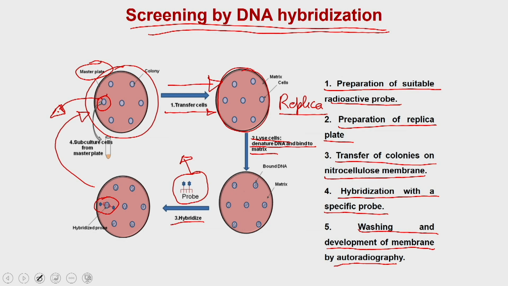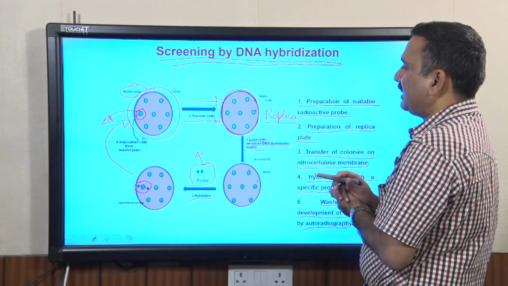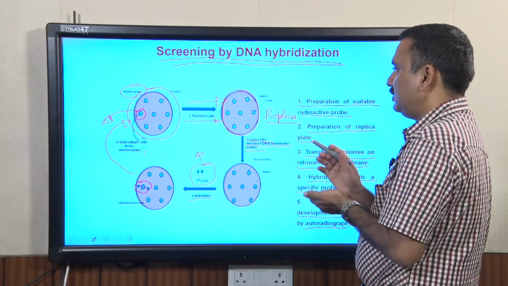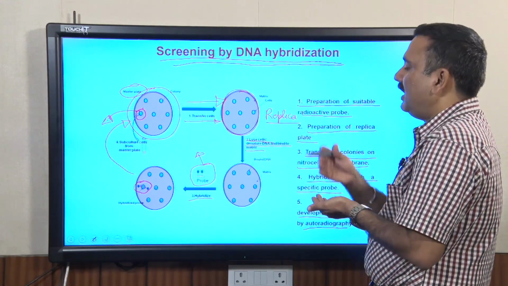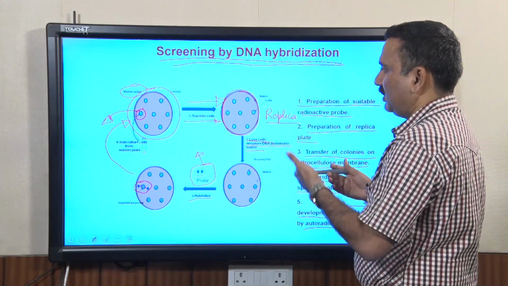Then you can extract the original clone from the master plate and use it for extracting the plasmid, and downstream you can use additional analytical tools to know the presence of the particular gene inside that clone.